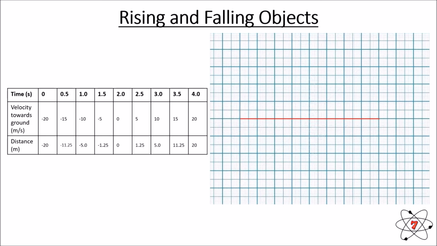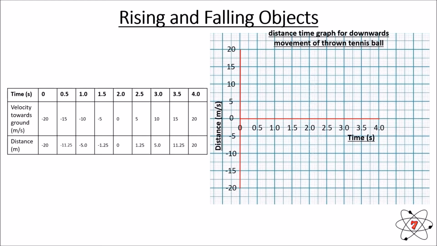And there's one last graph that I want to show you, and this is going to be the distance time graph for the downwards movement of the tennis ball. So again, we plot on our points, we have time and we have distance. We plot on our units, we make sure that each square has an equal value, and we then plot our graph.